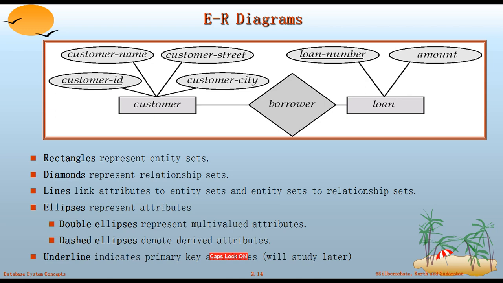So customer ID, customer name, customer street, and customer city are the attributes of customer, and loan number and amount are the attributes of the loan entity set. Here customer ID has been underlined, so it's denoted as a primary key. The attribute which is underlined is considered a primary key attribute.